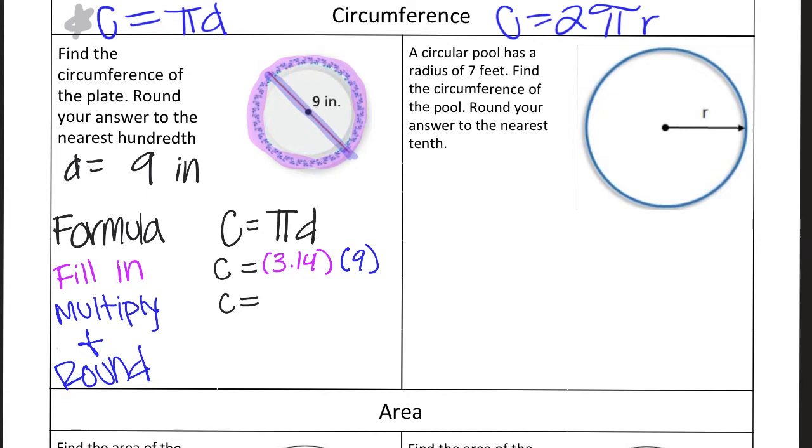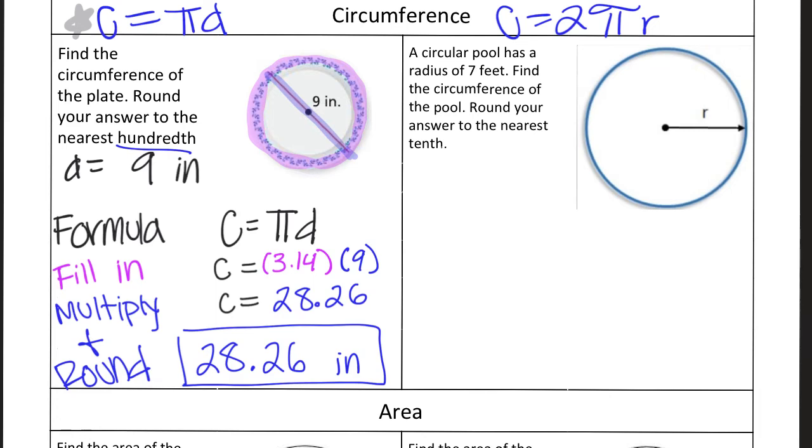So I take 3.14 times 9. Get 28.26. Okay, and it said the nearest hundredth. Well, here's my hundredths place. It's already done. Okay, so we're going to say 28.26 inches. Okay, and since it's a distance, it's just inches. It's not inches squared. That's only for area.